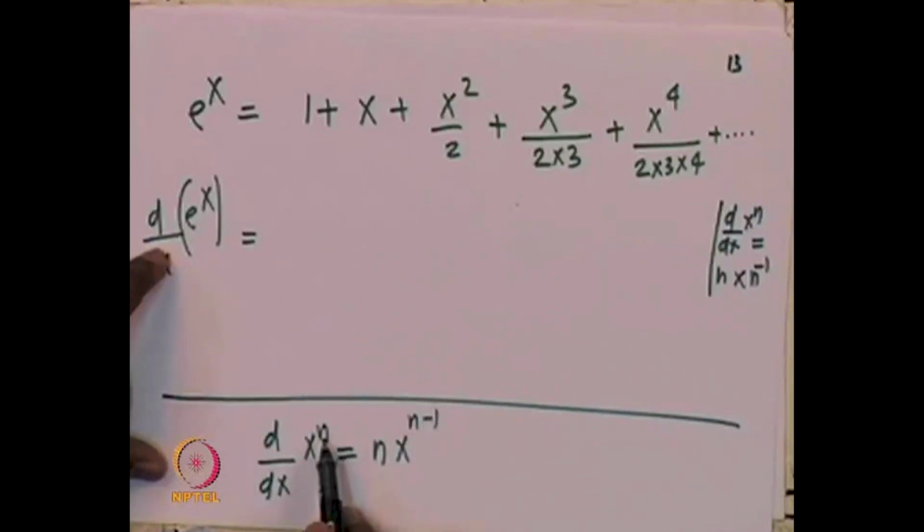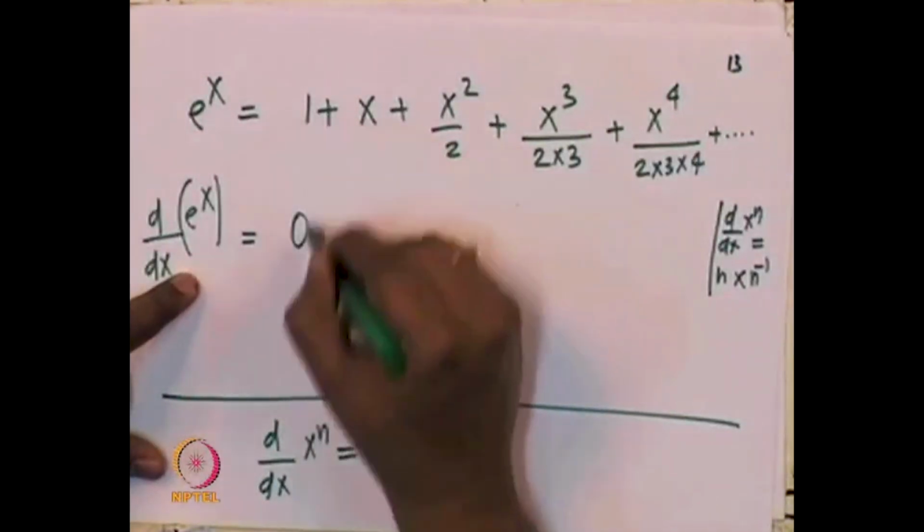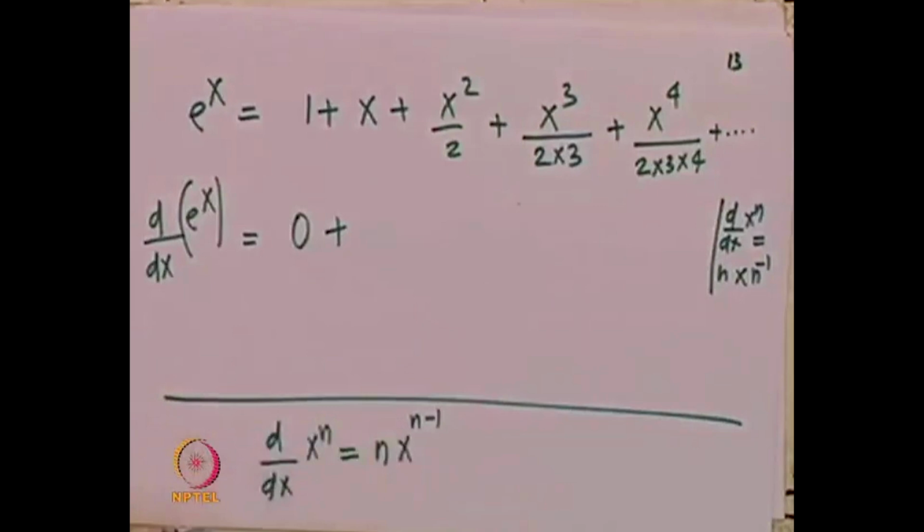Let me write this rule here at the bottom so that it is clear. So, when n is equal to 0, you get x power 0, which is 1, and the derivative of 1 is 0. So, the derivative of 1 is 0. This is the derivative corresponding to 1.